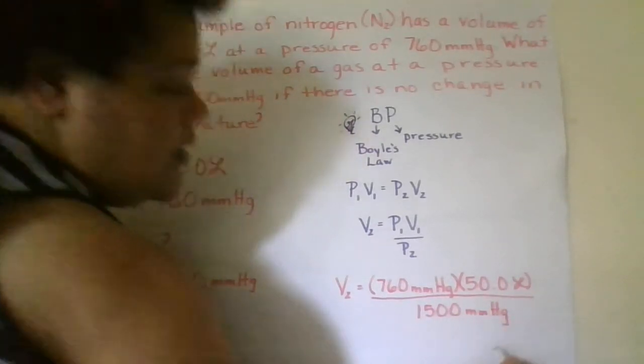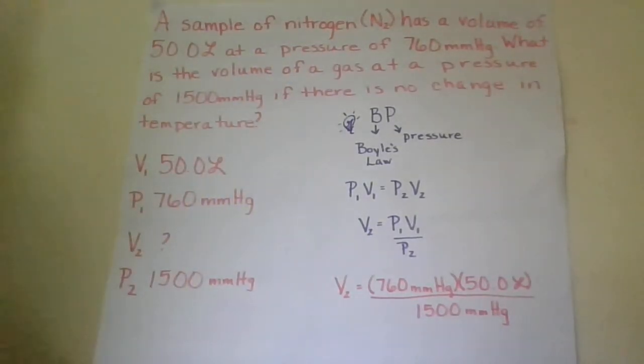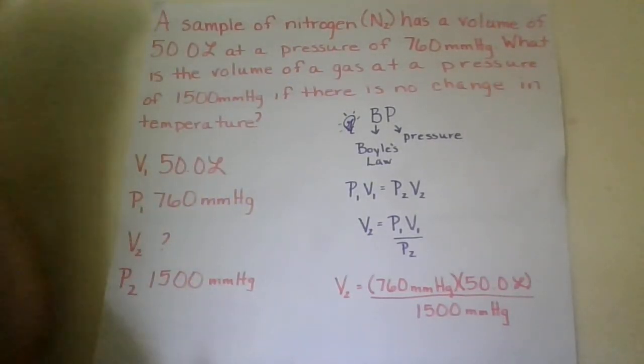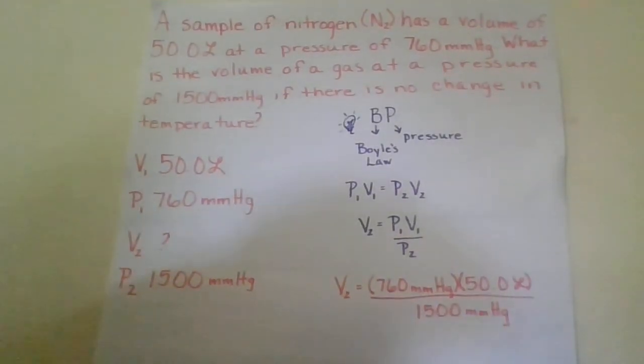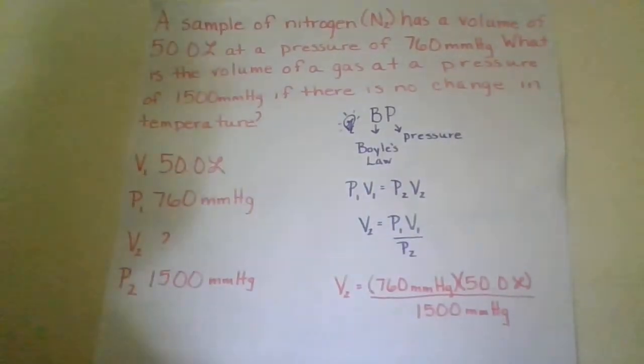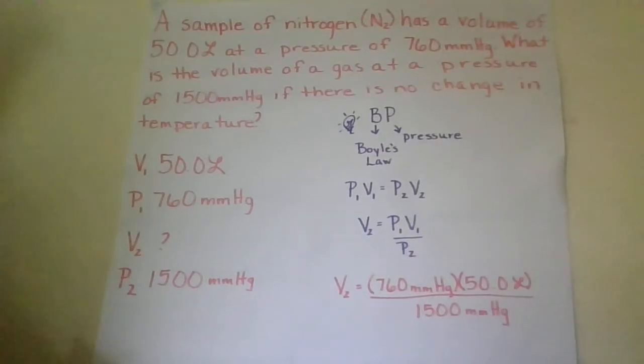millimeters of mercury. Now, in order to work this out, to make sure that we're headed in the right direction, we can also cross out our like terms. So prior to working it out, make sure that you're left with just what you should be solving for.